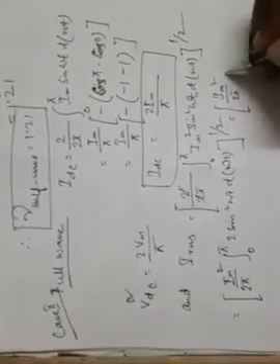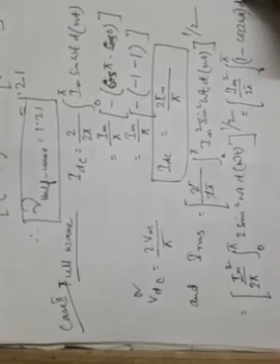So this is Im square by 2 pi, integration of 1 minus cos 2 omega t d omega t, whole to the power half.